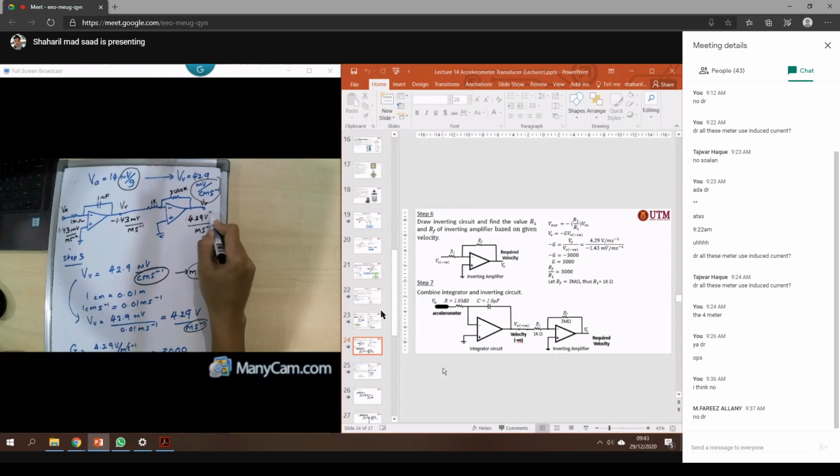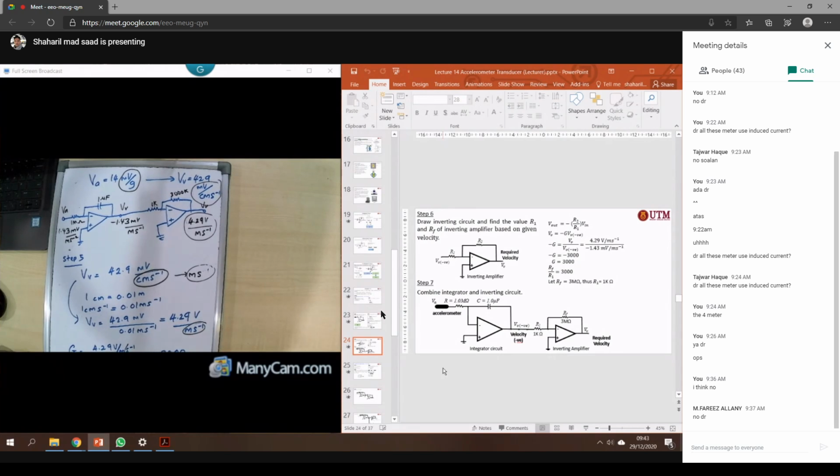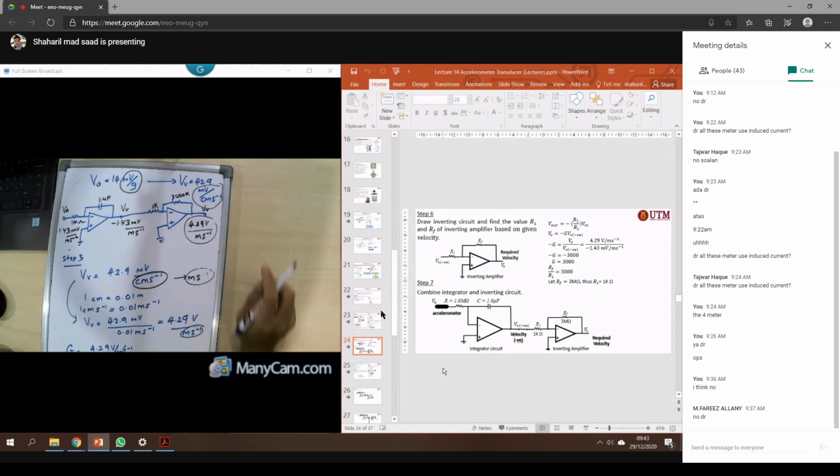Now you will get this value. Okay, this value and this value give you the same meaning, only different in terms of units. Right? This is 1 centimeter, this is 1 meter.